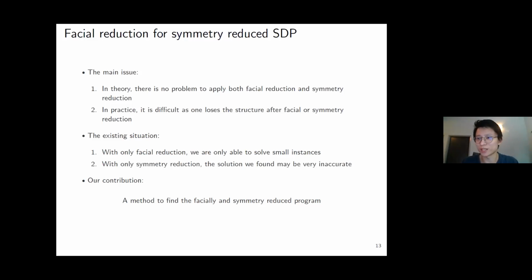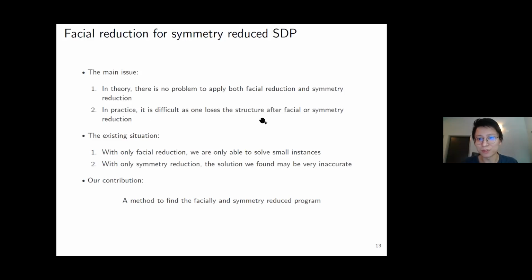So you can always pick any SDP relaxation, apply facial reduction, at the end you still have an SDP relaxation, then you apply symmetry reduction. Or you can do it in another order. There's no problem. But in practice, it is not possible.